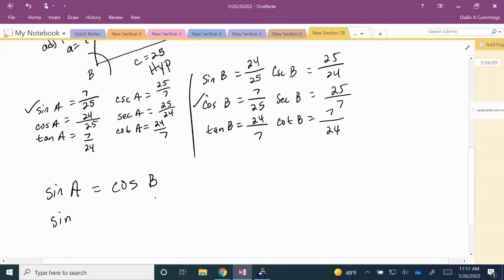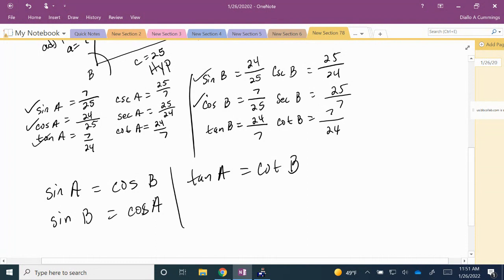The sine of B should equal the cosine of A. Let's verify that. The sine of B is 24 over 25, and the cosine of A is also 24 over 25. They have the same exact value. The other cofunction: we had that the tangent of A is equal to the cotangent of B.